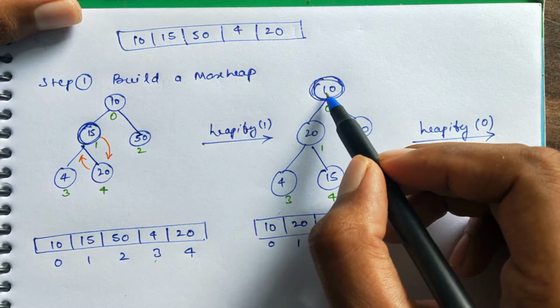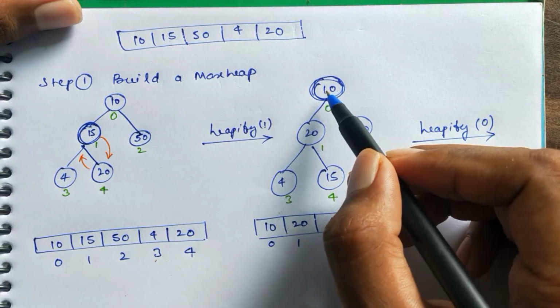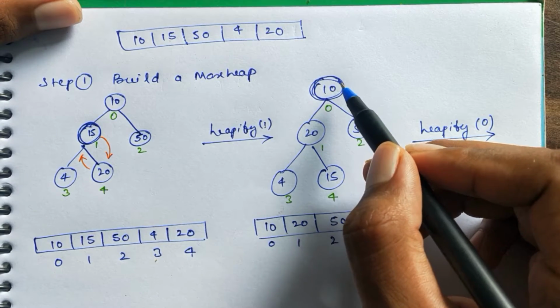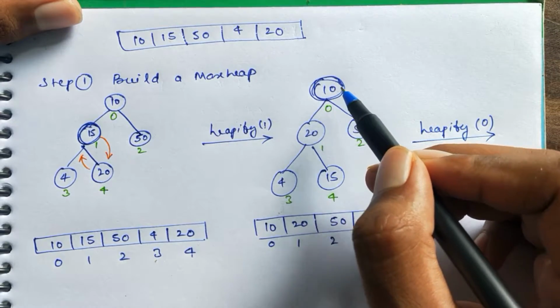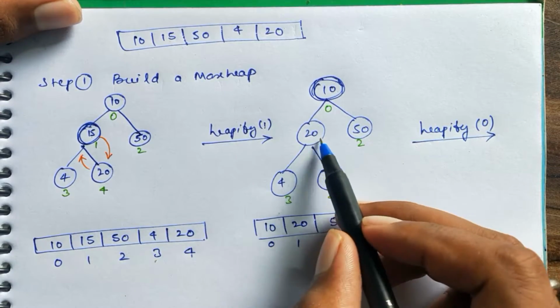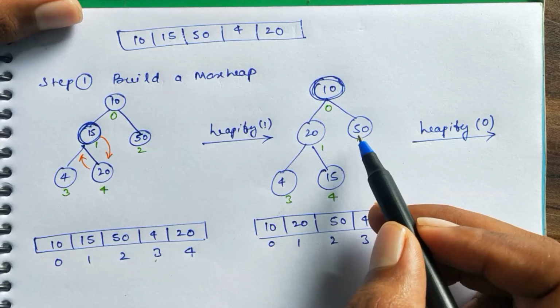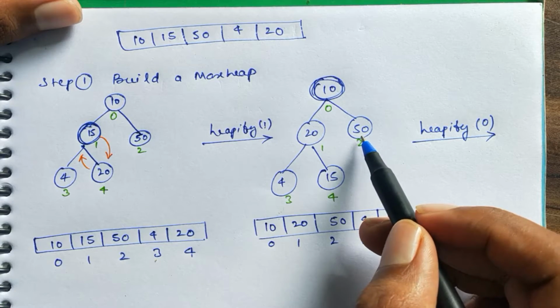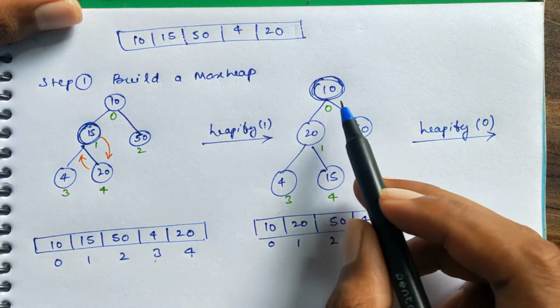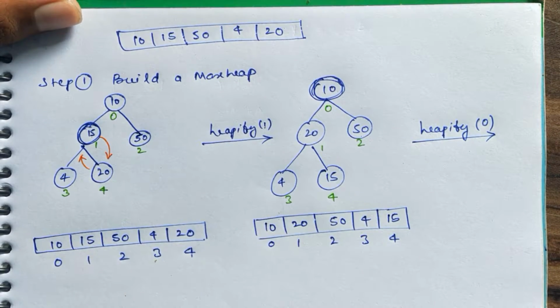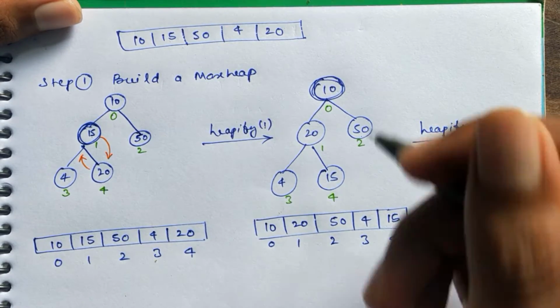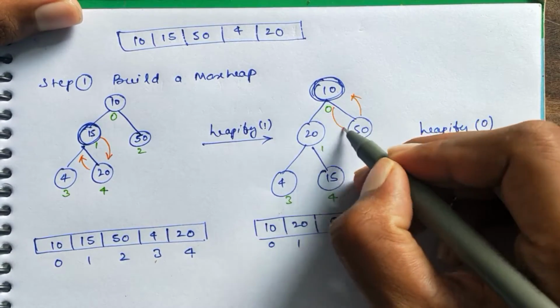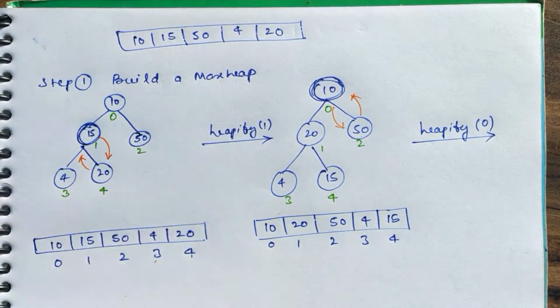If the root is the largest element, then we will not perform any swapping, we will move ahead. If it is not the largest element, and any of its children is the largest element, then we will swap with it. So here clearly we can see this 50 is the largest element among all the three, so it will get swapped. 50 will go there and 10 will come in the place of 50.